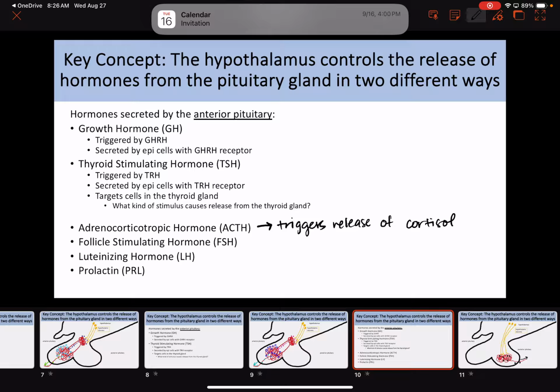Follicle stimulating hormone, at least in women, is for follicle growth. Follicles are where your oocytes, or where the egg lives. So follicle growth. And for males, it's for sperm production.